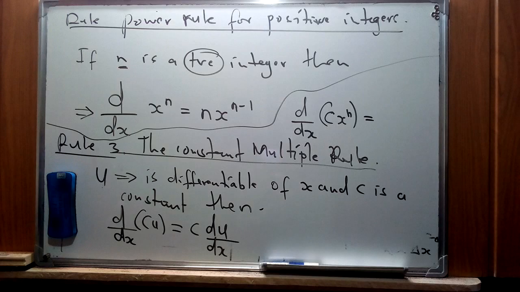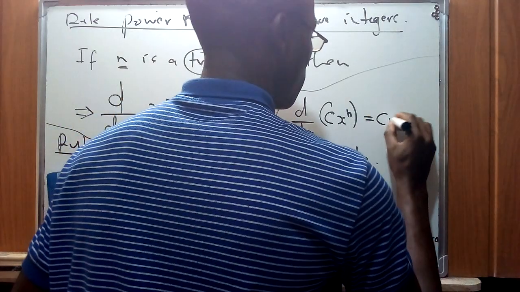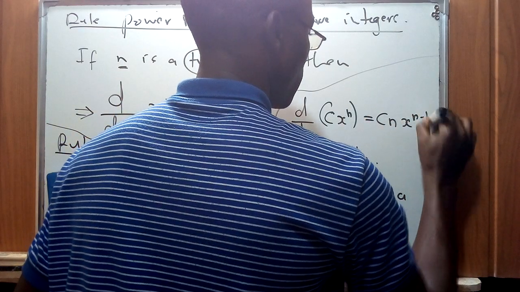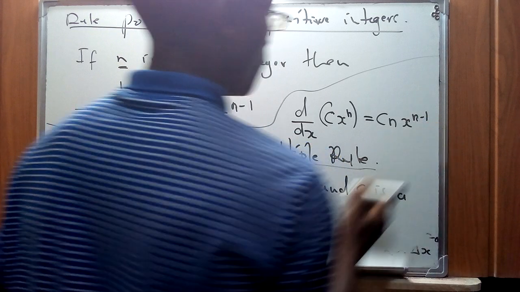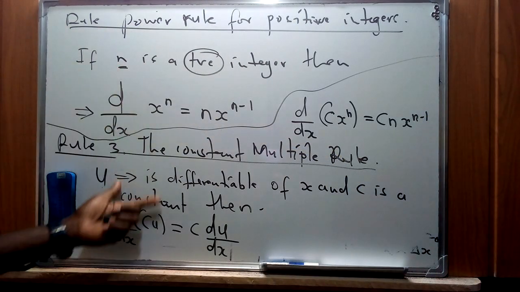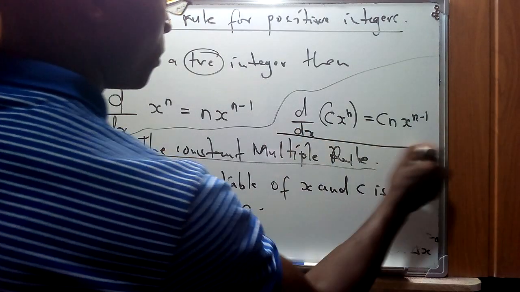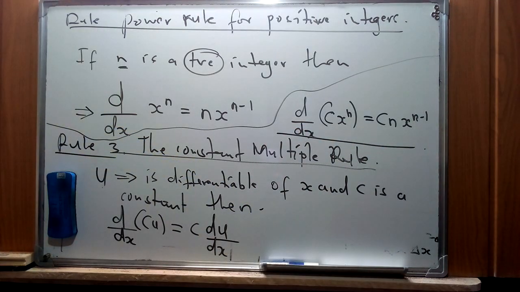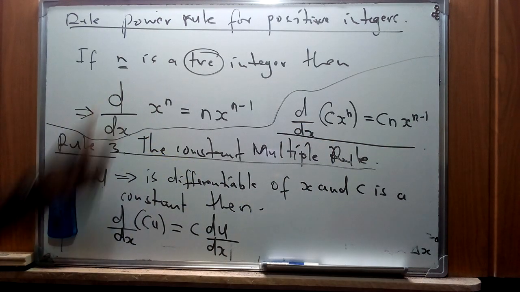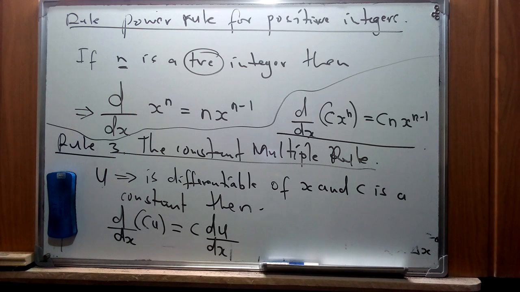Its derivative will be given as c n x to the n minus 1. You can see this is a merge of the power rule together with the constant multiple rule, which defines a derivative of a function which encompasses these two specific aspects. So that is in regard to the constant multiple rule.